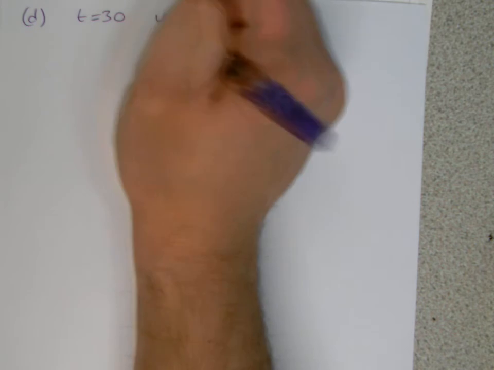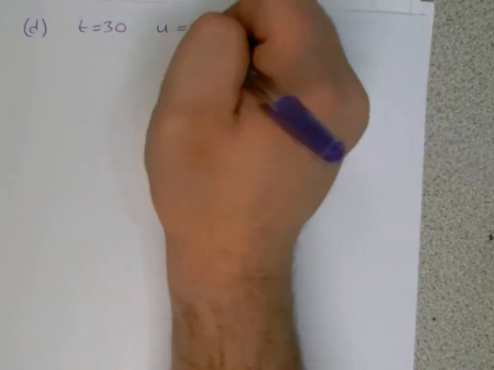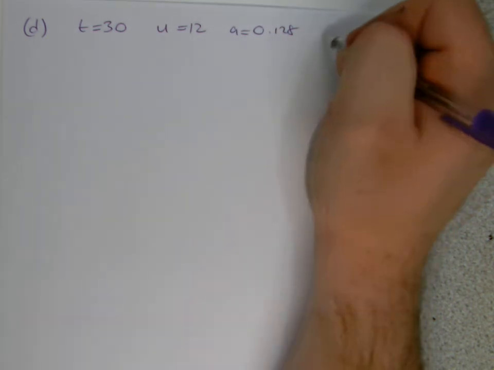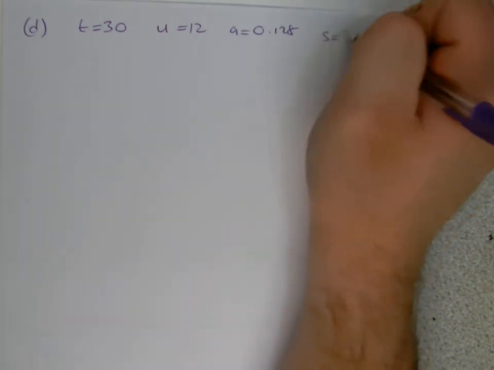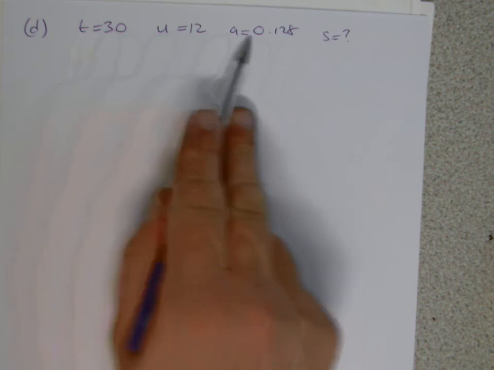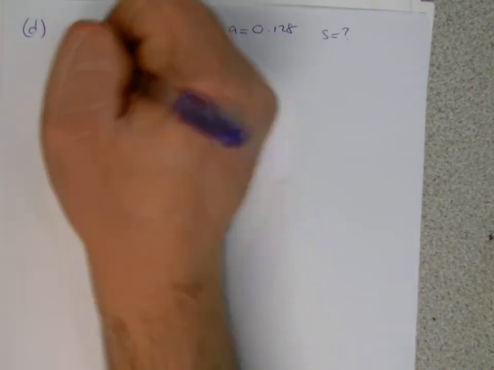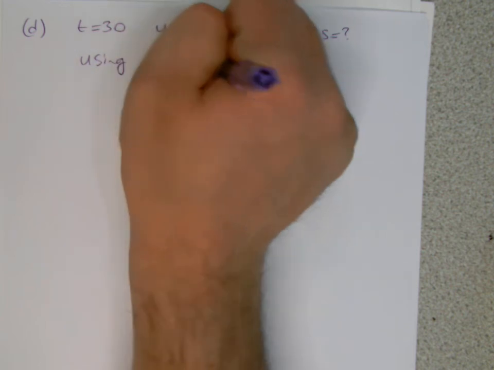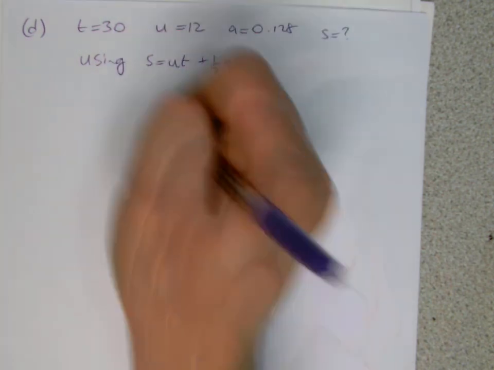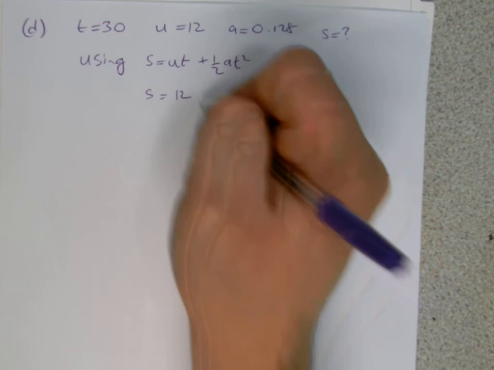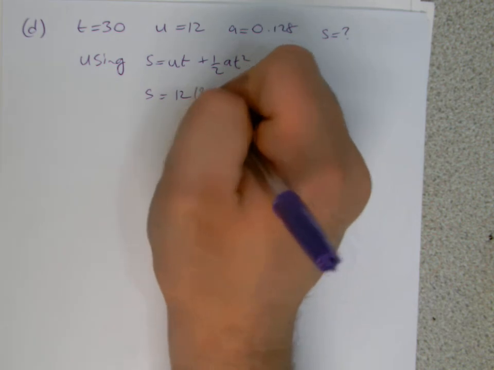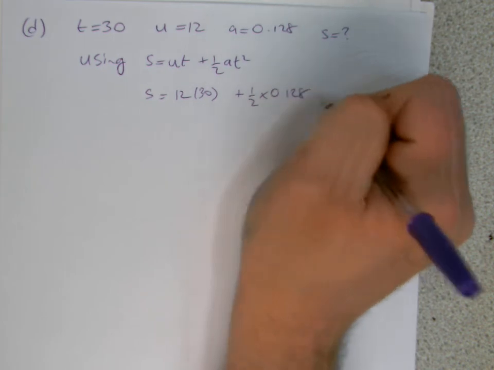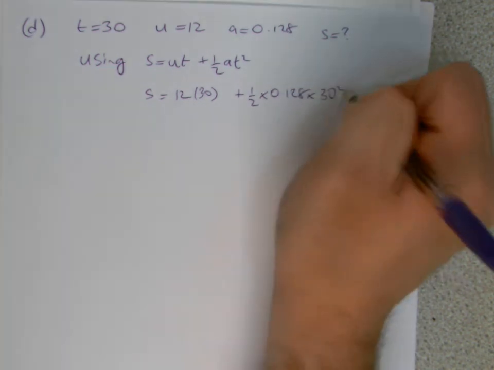Again, we know u, the initial velocity, is 12, we know a is 0.128, and we want the distance. So we can get the distance using s equals ut plus half at squared. So s will equal 12 times the time, which is 30, plus half times the acceleration, 0.128, times the time squared, which is 30 squared.